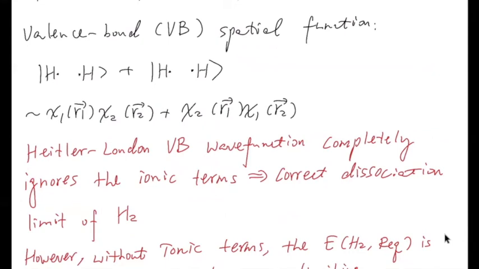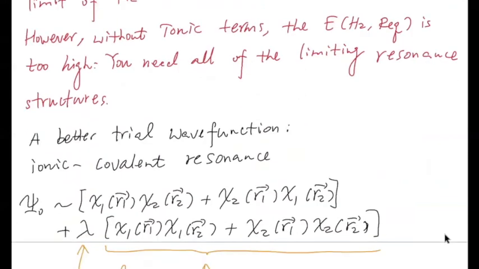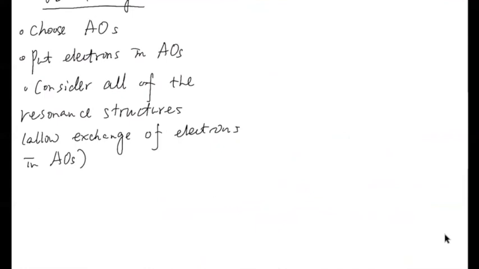So you only consider the covalent terms. But historically, this is just the Heitler-London wave function. Actually, in the modern VB wave function, we consider all the resonance structures. You have to generate all the resonance structures in order to construct the VB wave function.